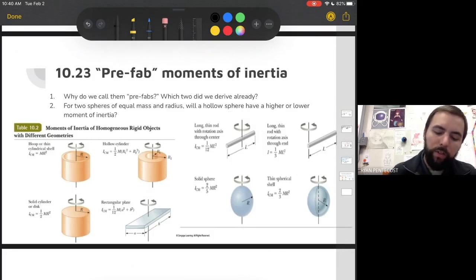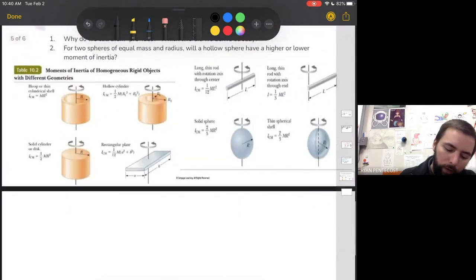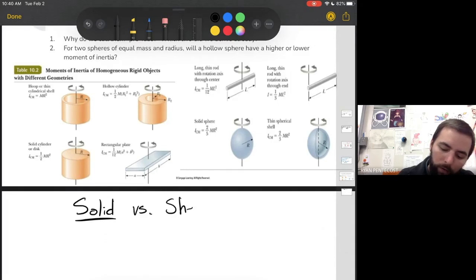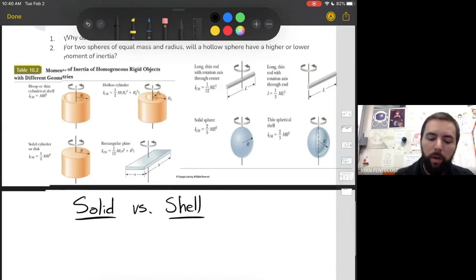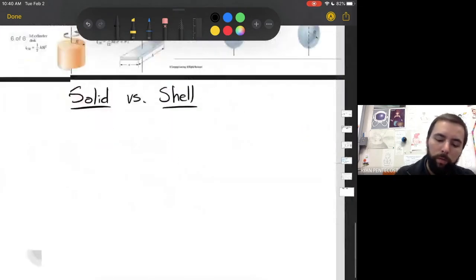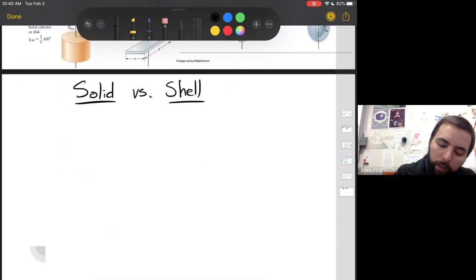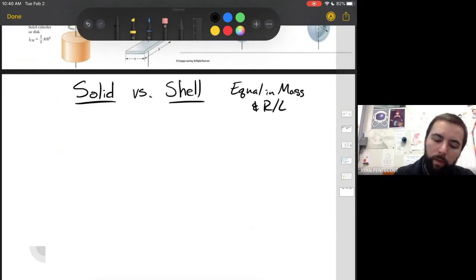Now, something to raise a question, right? If we have a solid object rotated versus a shell of that object, which one would you assume is going to have the greater moment of inertia? However, we are going to say that these are equal in mass, radius, and length.